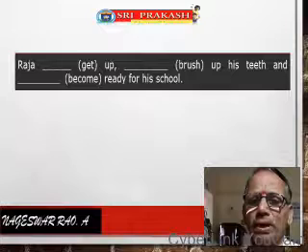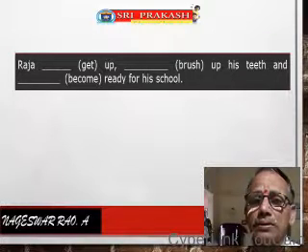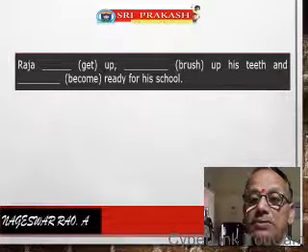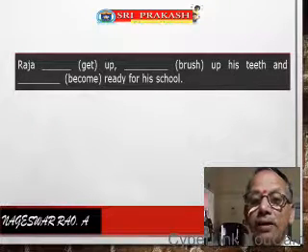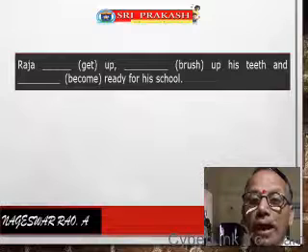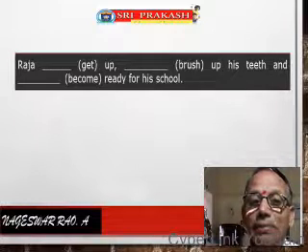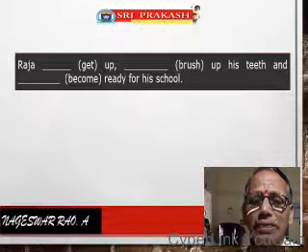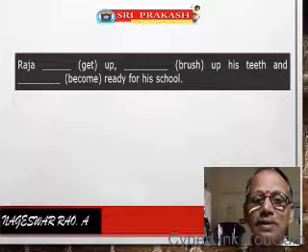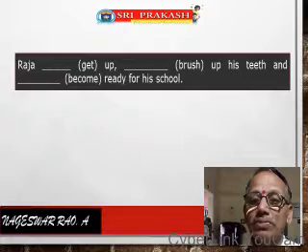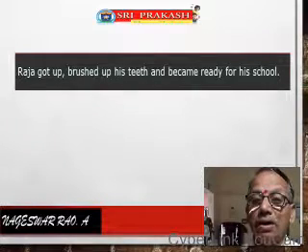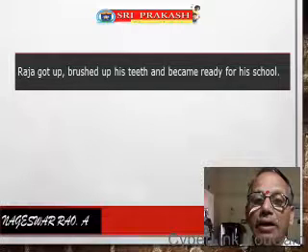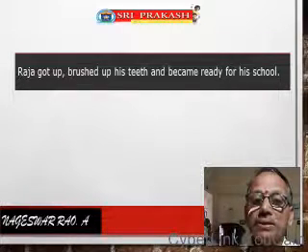If we very carefully observe these three actions, they follow some sequence and all the actions are completed. Hence, all the blanks would take the V2 form. Hence, the sentence would be: Raja got up, brushed his teeth and became ready for his school.